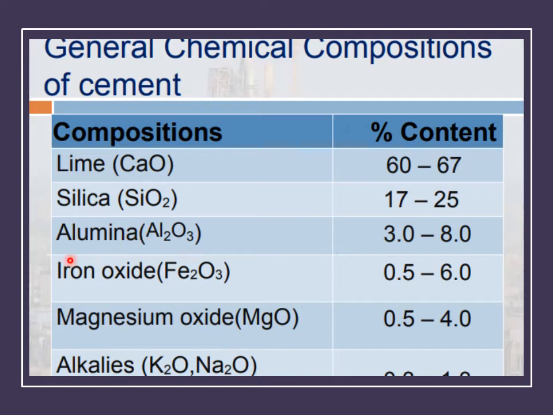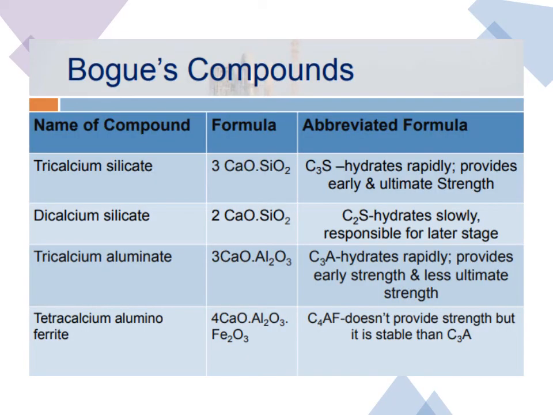The chemical composition of cement also has alumina, that is Al2O3, at 3 to 8 percent, and we have iron oxide, magnesium oxide, a small amount of alkalis, and of course some amount of gypsum as well.